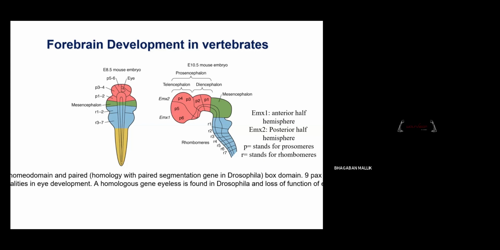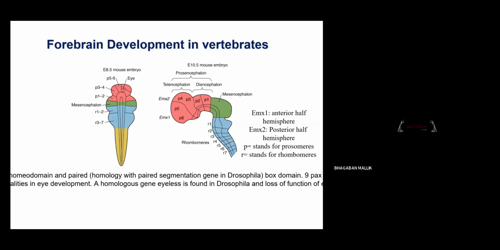In the telencephalon, this part, you can see two distinct hemispheres: the anterior half, which is defined by the EMX1 gene, and the posterior half, which is defined by the EMX2 gene. Each segment is called a prosomere, where P stands for prosomere and R stands for rhombomere.